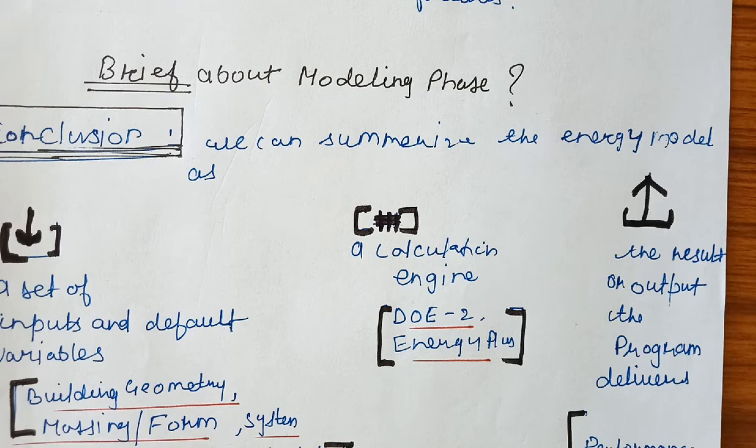So we can conclude and summarize energy modeling and how it goes in various phases. First is input, where we put some information into our interface or software, a set of inputs. Sometimes it is default. Those are building geometry, massing, form, system type, and operation and schedule.